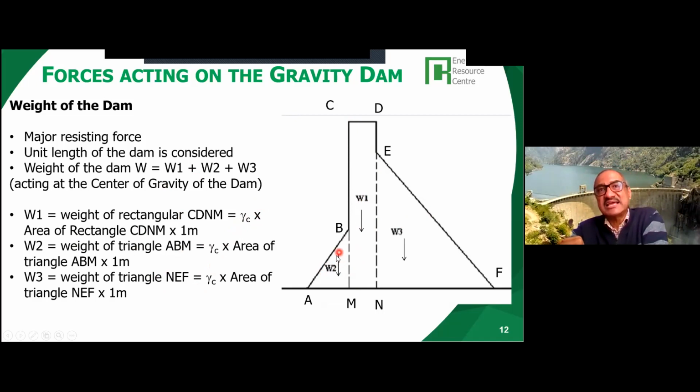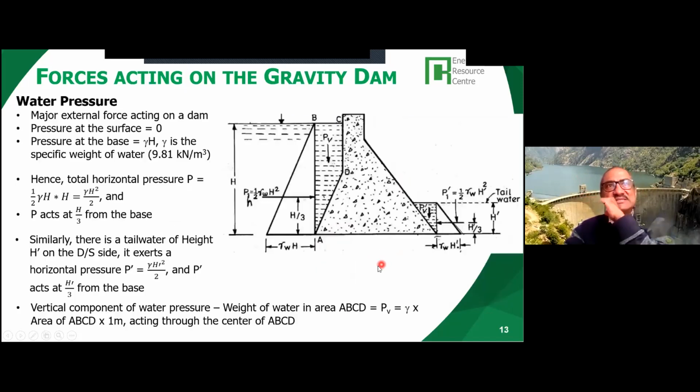The weight acts at the center of gravity of each section, which is at 2/3 from point A. And basically you calculate the weight of the dam. This is plain and straightforward. The water pressure is important, because the major external force acting on a dam is the water pressure.